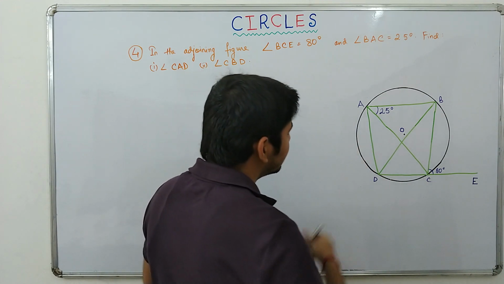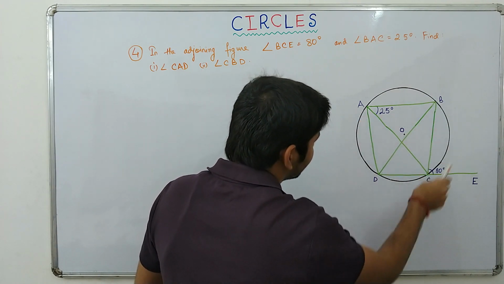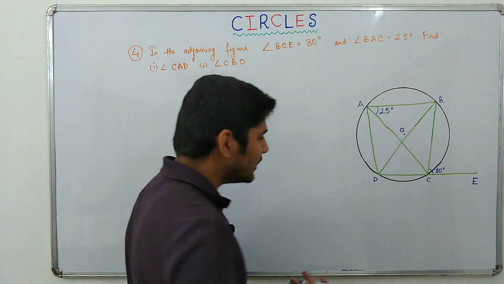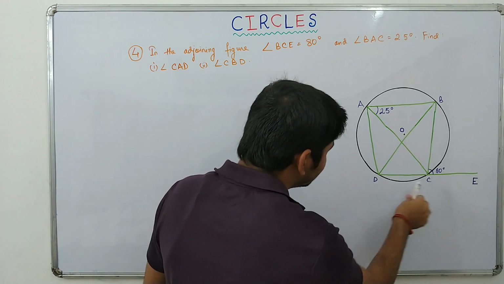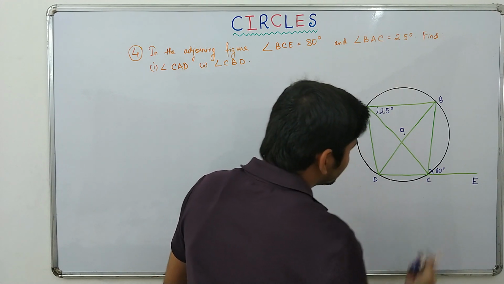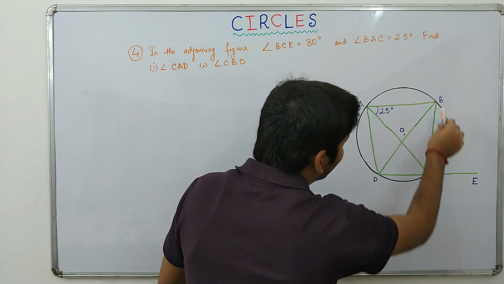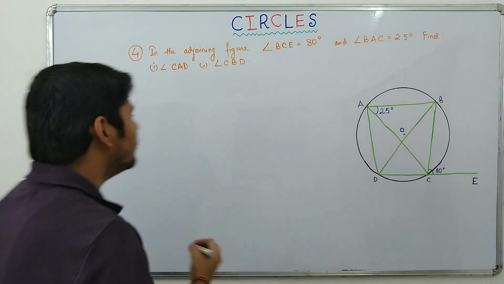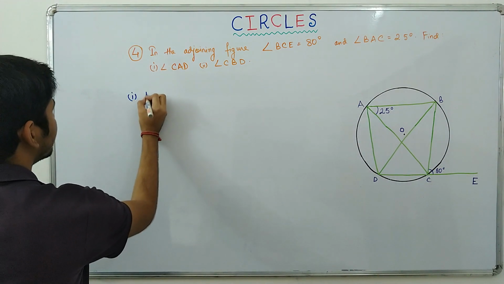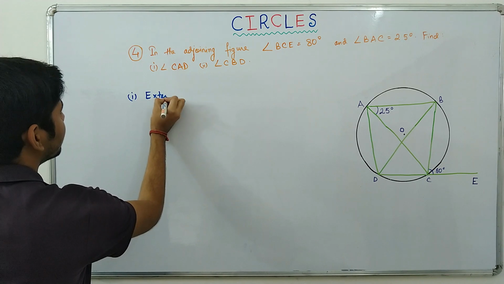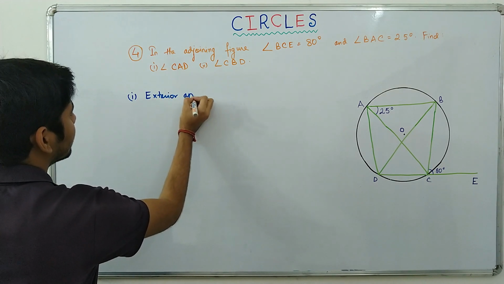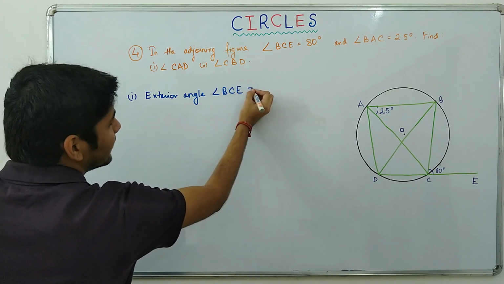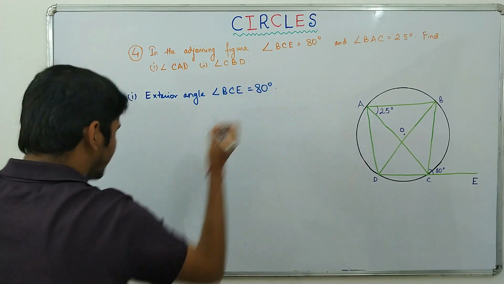Now we can see that ABCD is a cyclic quadrilateral and one side of the cyclic quadrilateral DC is extended to E. So we get an exterior angle, angle BCE is equal to 80 degree. So I'll write it down. Exterior angle BCE is equal to 80 degree.